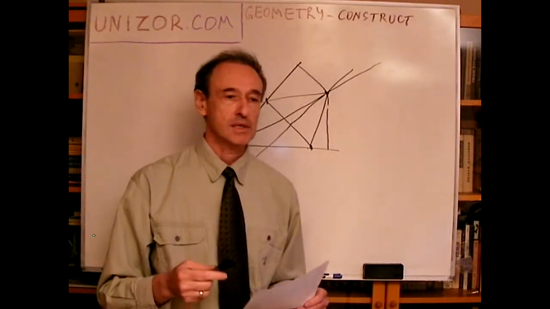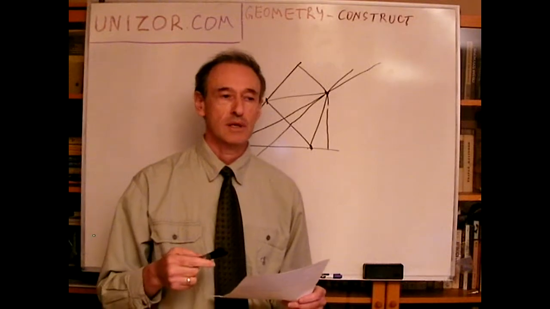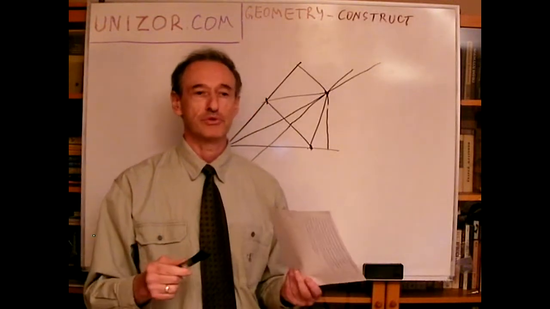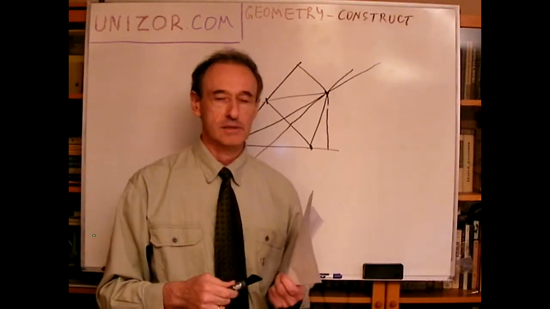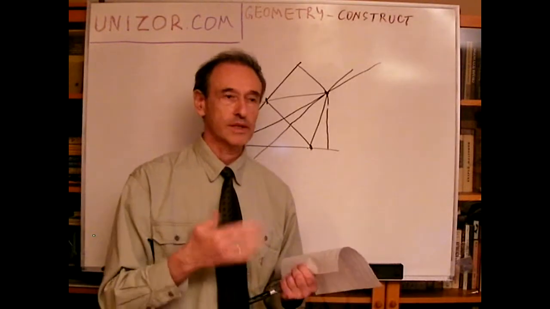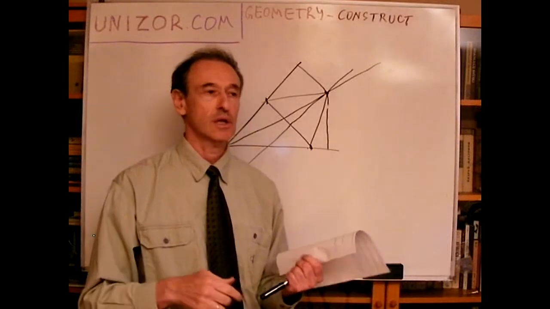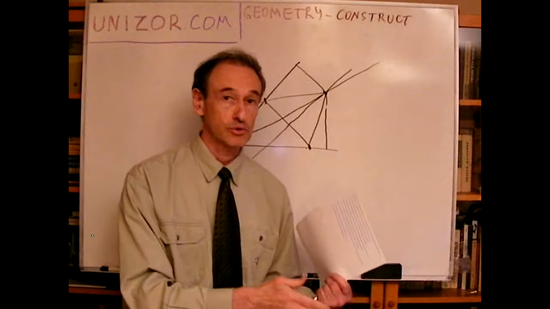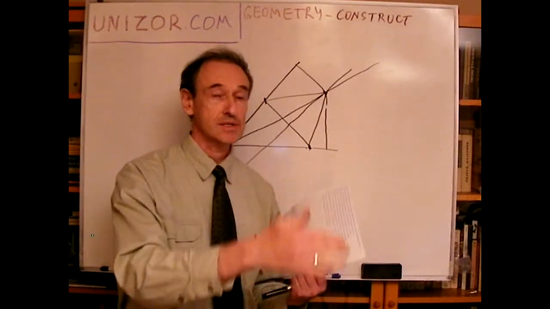Or maybe it's a construction problem which requires some kind of additional drawing which would help you to realize what exactly needs to be constructed. So maybe, instead of constructing directly what you're looking for, you have to construct something else.